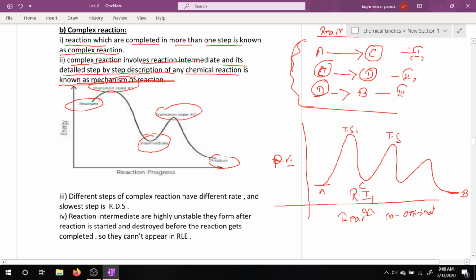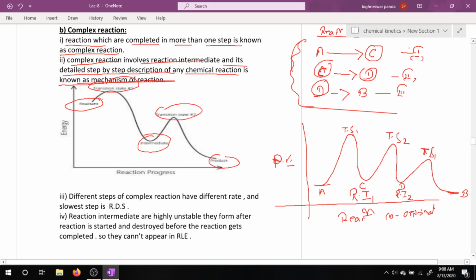This is transition state 2, and this is D, that is reaction intermediate 2. This is transition state 3.